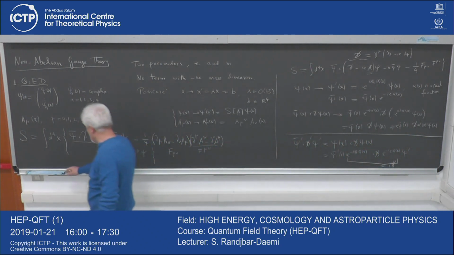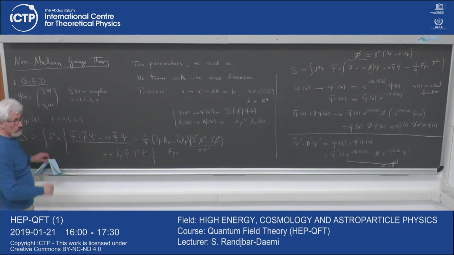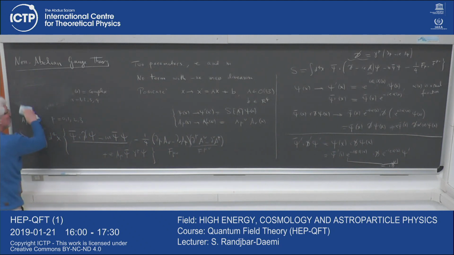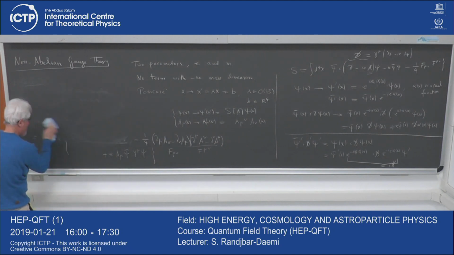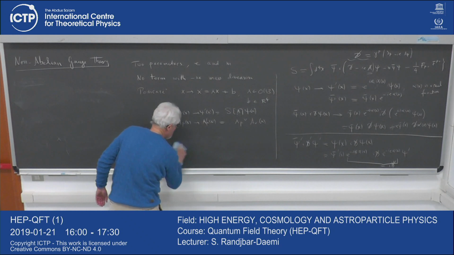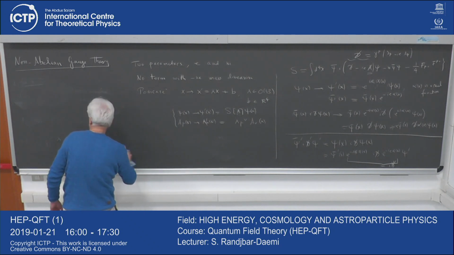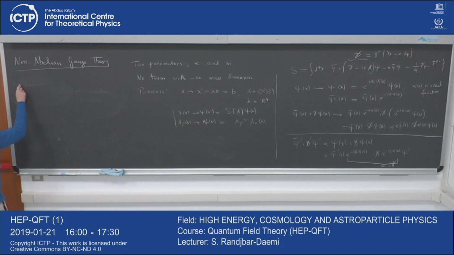That's the condition of invariance of the action. So the condition of invariance of the action is i D slash prime equals exponential of i e alpha x, i D slash, exponential of minus i e alpha x. We can drop the i's, expand.